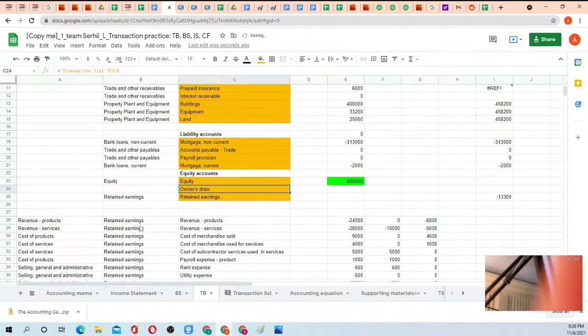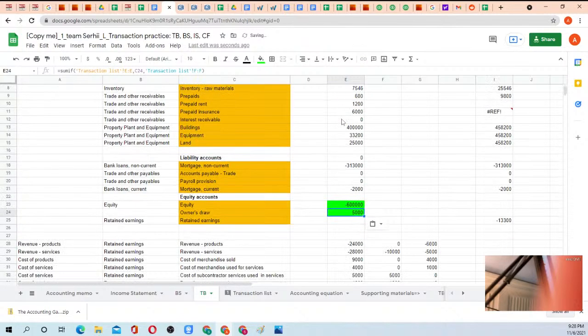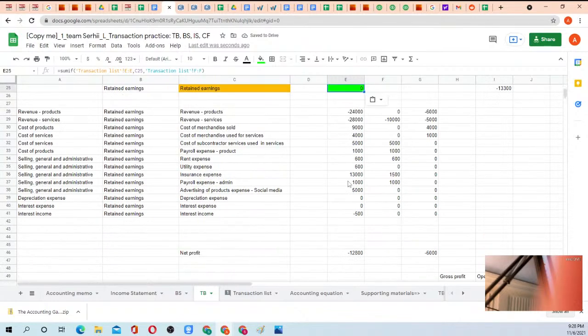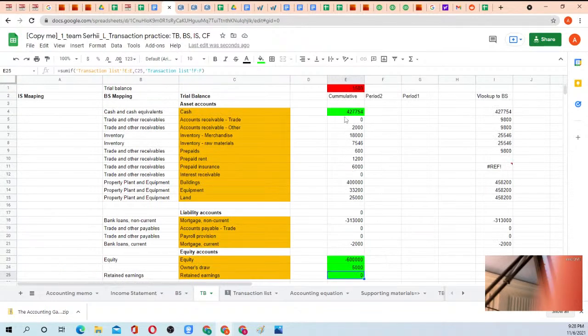If you practice, as you might note, I'm doing that pretty fast. That's because I practiced a lot. So I kind of intuitively understand why my trial balance doesn't balance. So that's 0. So it's still a 1500 difference.